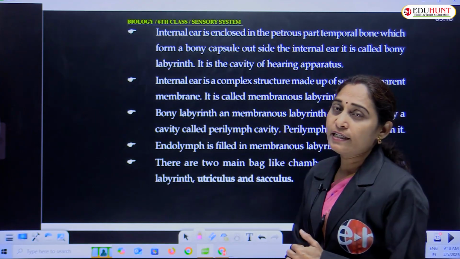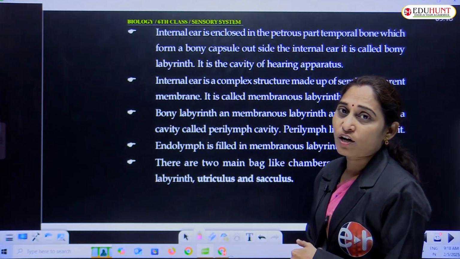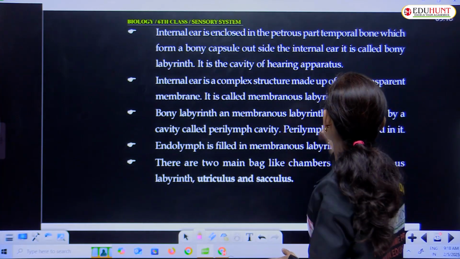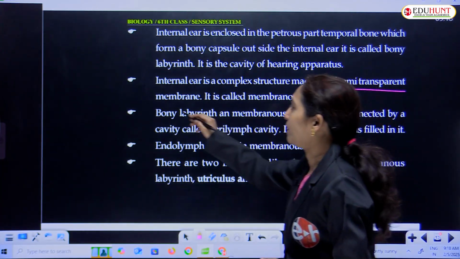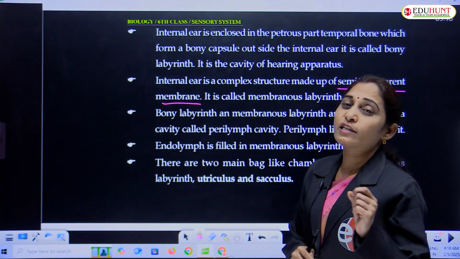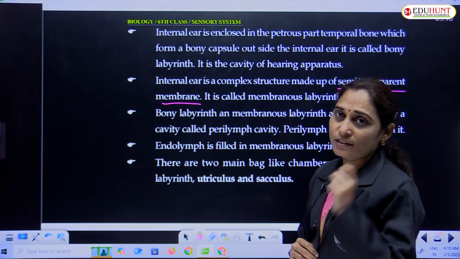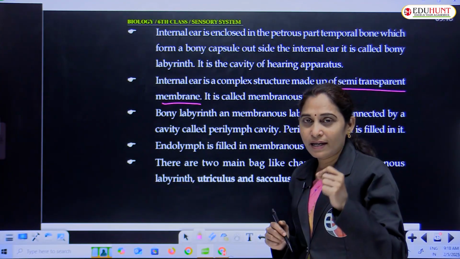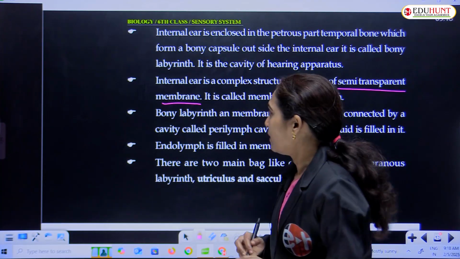The internal ear is not a simple structure, it is a complex structure which is made up of semi-transparent membrane. It is called the membranous labyrinth. It is complicated and also it is membrane like structure called the membranous labyrinth.